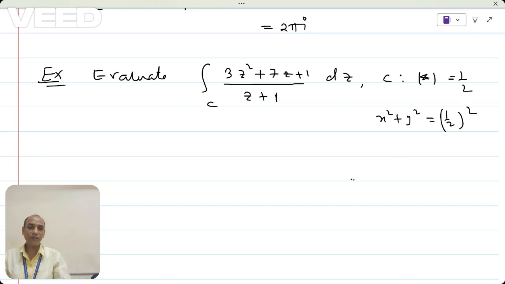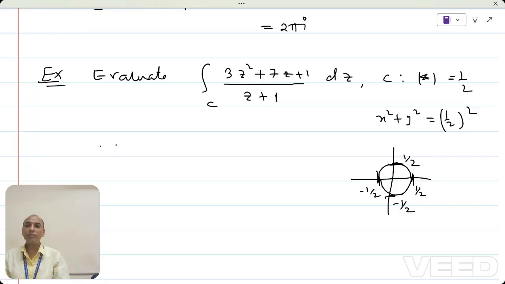So if I have a circle with center at origin and radius half, that means in this side it is positive half, in this side it is negative half. Now what is my a?